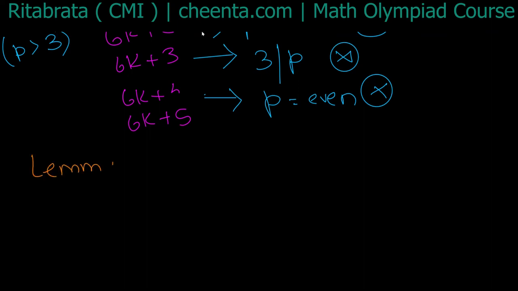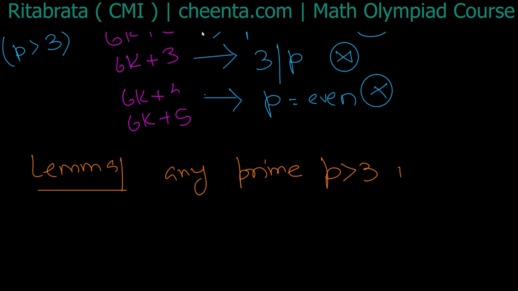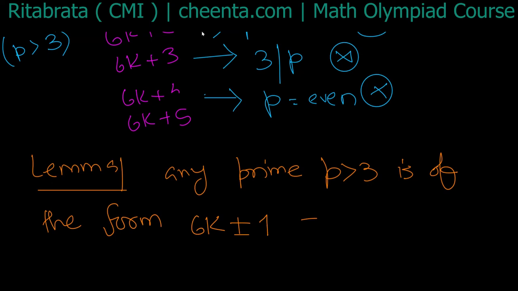What we get is that any prime p greater than 3 is of the form 6k plus minus 1. It is either congruent to 1 or congruent to minus 1 modulo 6.